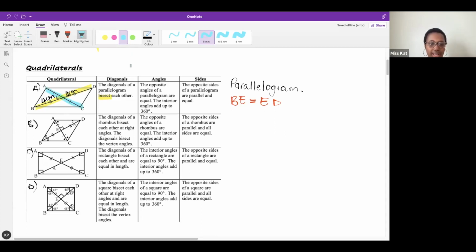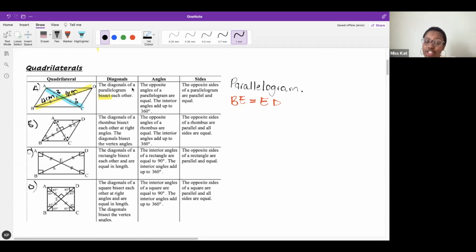No. Okay, the answer is no. Remember, we said they bisect each other. We said nothing about being equal. So for instance, if BD is 8 centimeters, AC could be 3 and 3, which will be 6 centimeters. So remember, in a parallelogram, the diagonals are not equal.